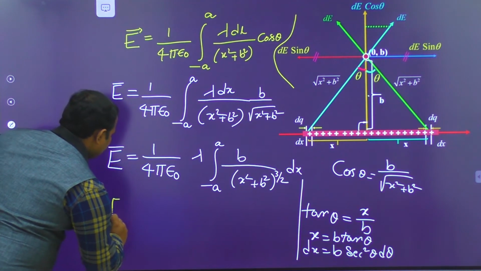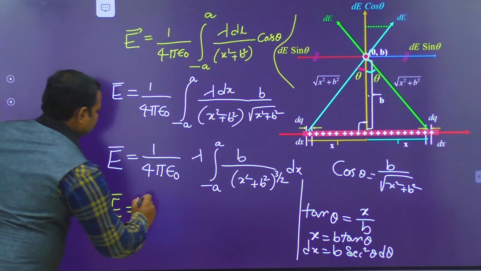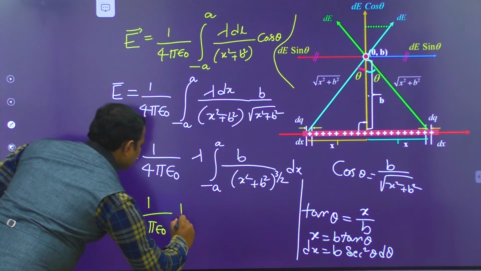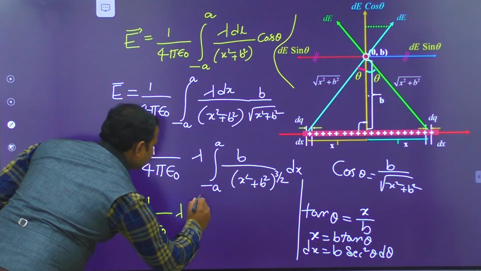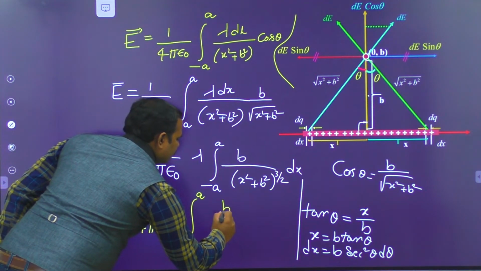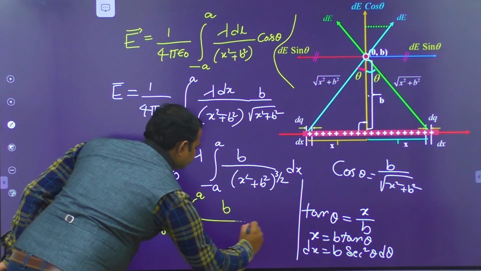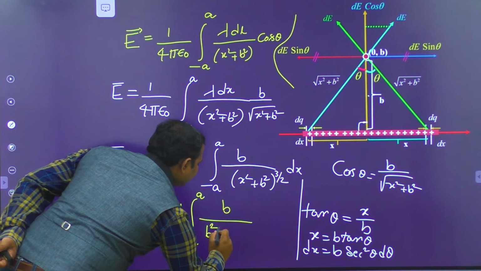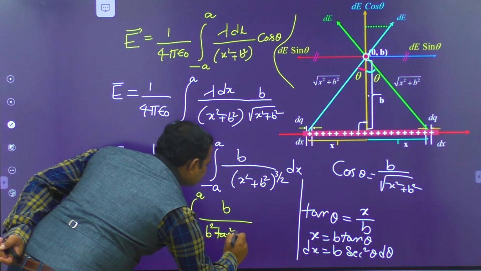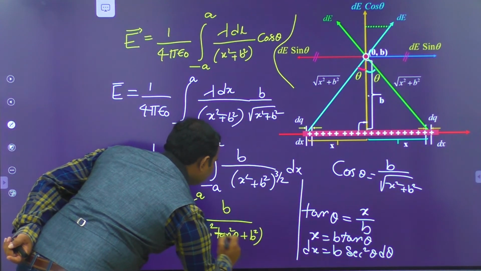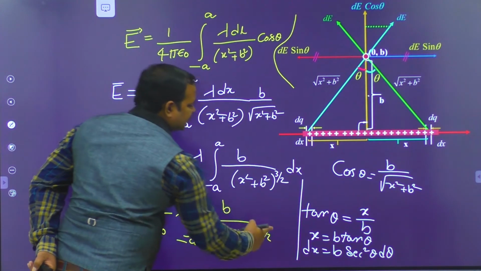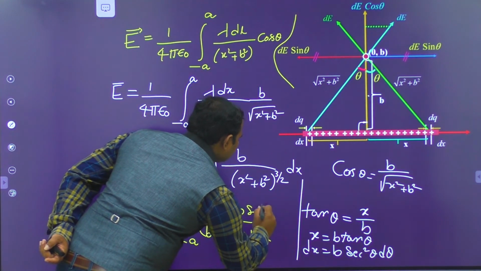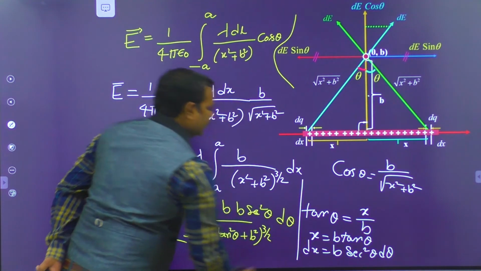Now E = (1/4πε₀) into λ integration from minus a to plus a of b over, x means b tan θ, so that means (b² tan²θ + b²)^(3/2), and dx means b sec²θ dθ.